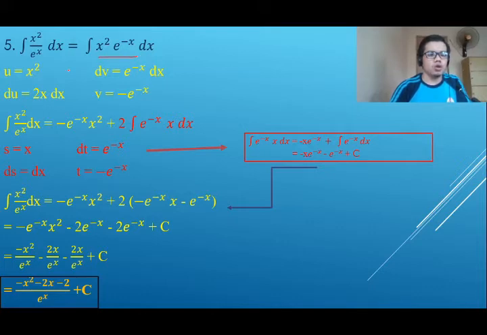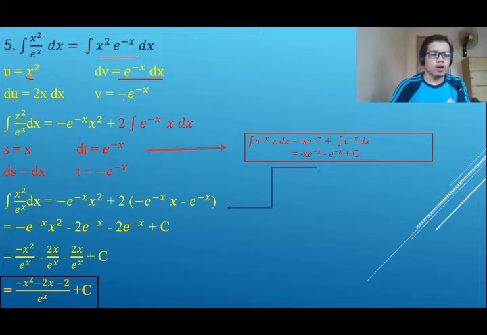Now to solve for the integration of this equation, I use the method of integration by parts, wherein u will be equal to x squared and du, the derivative of this term, is 2x dx. Now dv will be equal to e to the negative x dx, wherein its integration, v, is negative e to the negative x.